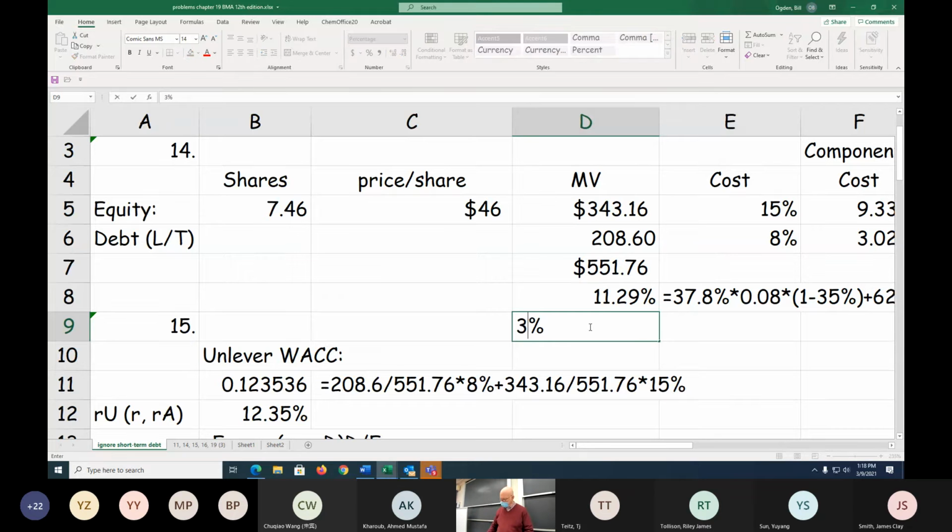So we're going to say WACC equals 208.6, and we won't be far off, times the cost of debt, 8%, times 1 minus T, plus, oh, that's real good, debt divided by value.